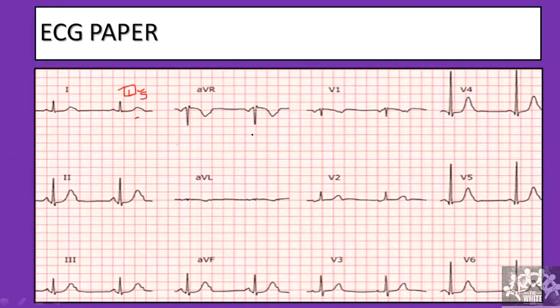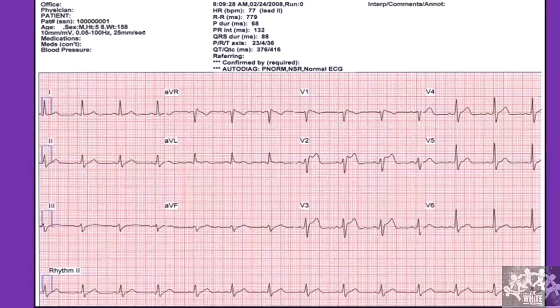Okay. Before coming to that, we'll see some of the technical details of how an ECG is done. ECG is done via a paper that moves at the rate of 25 millimeter per second. This is the normal rate at which the paper moves. Okay, and it is standardized such that every 10 millimeter, so if this is 10 millimeter, this whole 10 millimeter will be equal to 1 millivolt.